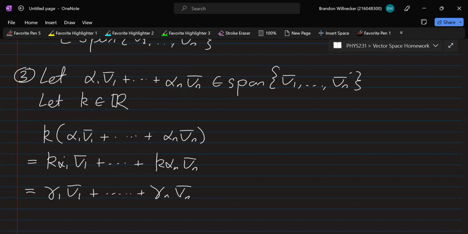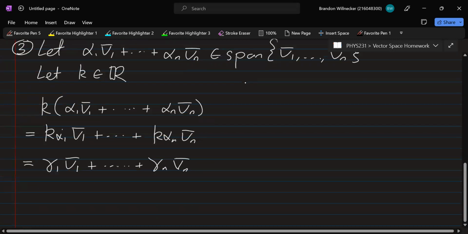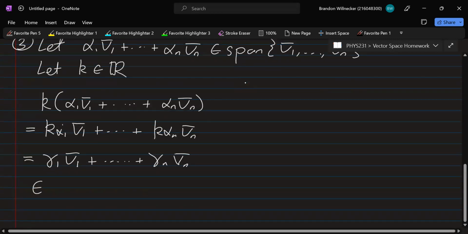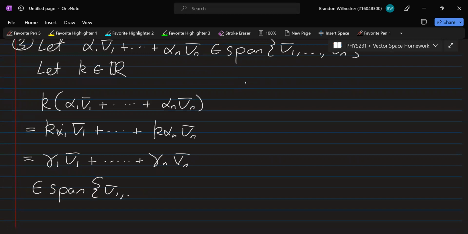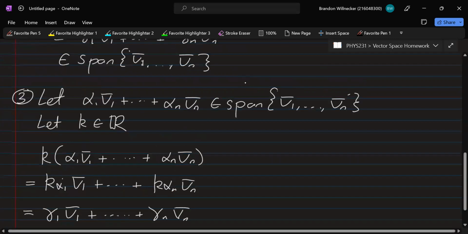Now the gammas over there, those are just real numbers. So this is a linear combination. Since it's a linear combination, it must be an element of the span. Okay, so that means it's closed under scalar multiplication.